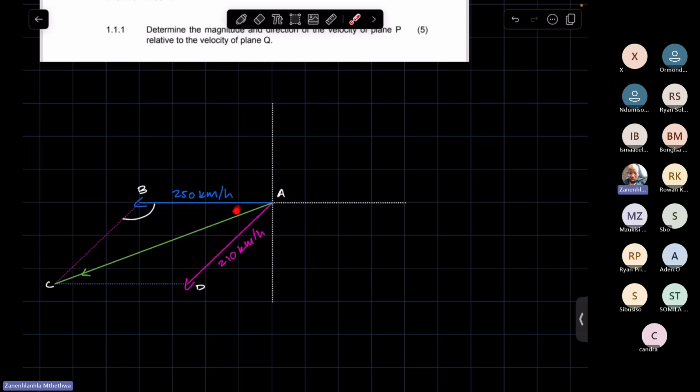So this angle is co-interior with that one, meaning that the sum of them gives us 180 degrees. So to get this angle in particular, seeing that we have this one, you can simply say 180 minus 35, which is 145. Hence this angle here is 145 degrees. All right, so that's that angle. Are we clear? Yes, sir.